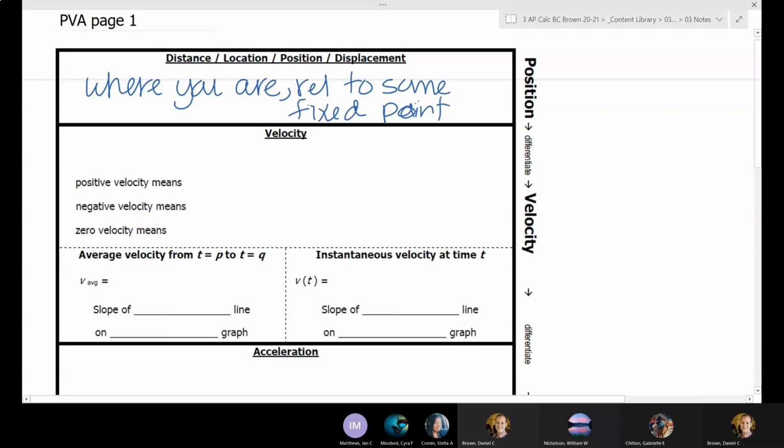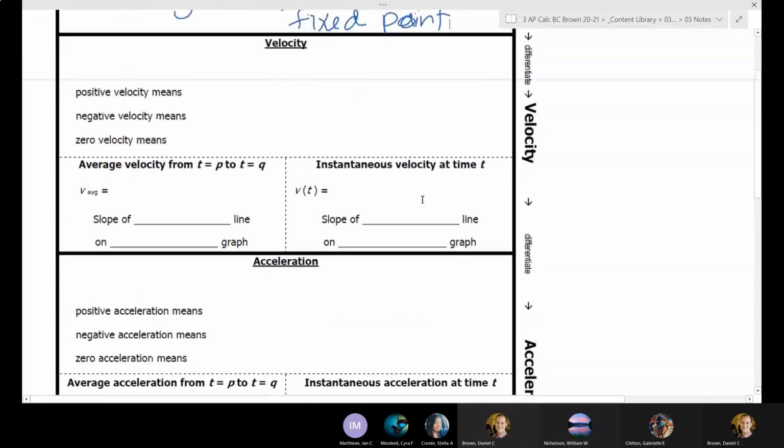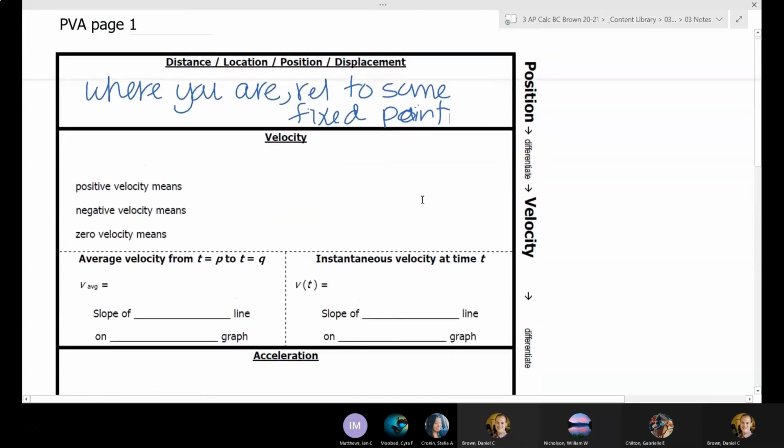And so these things like distance or position, velocity, acceleration, they are going to connect to things like the first derivative and the second derivative. If you look to the side of the notes, you can kind of see I have it going down alongside of it. So next to the distance one, I have position and then velocity and acceleration. And that's because these can be related to the function.